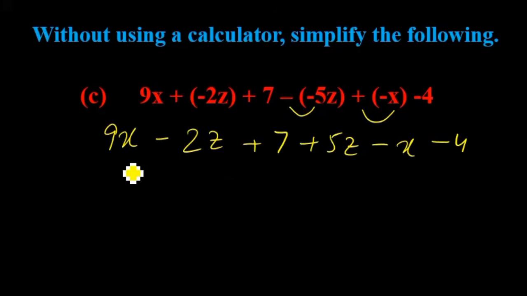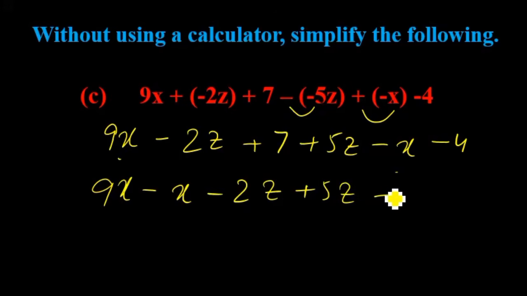So we will rearrange it, 9x and x. It means 9x minus x minus 2z plus 5z plus 7 minus 4. Keep this in mind that we are not changing the sign. Signs remain the same with each term. We will just rearrange their place in the expression. So now it's quite easy.